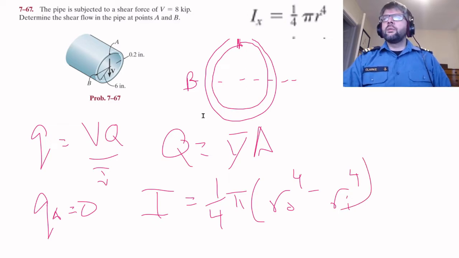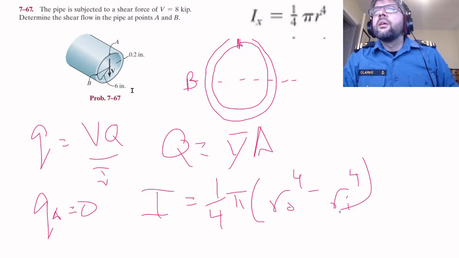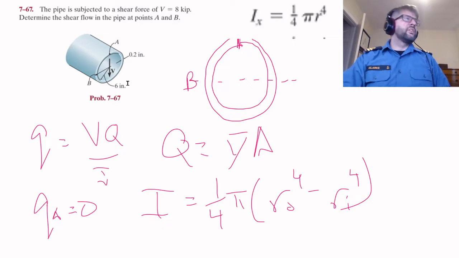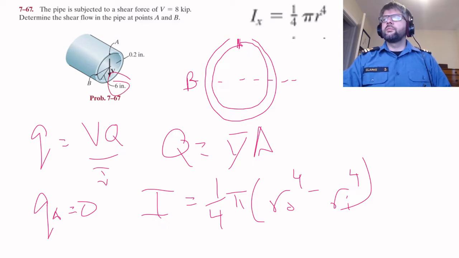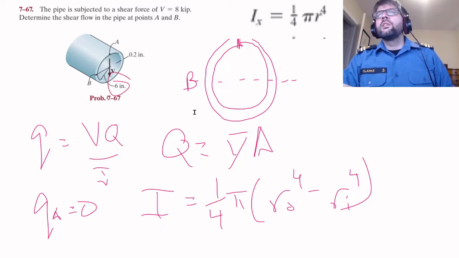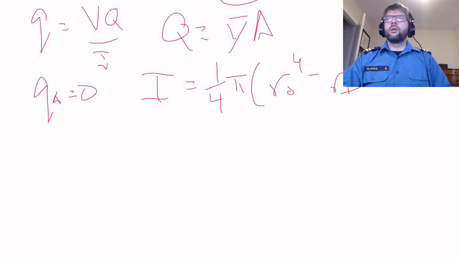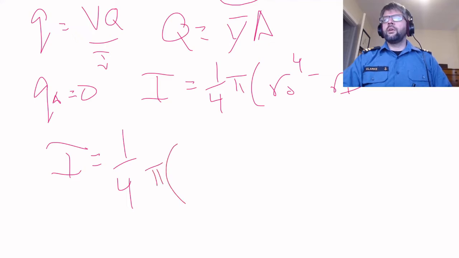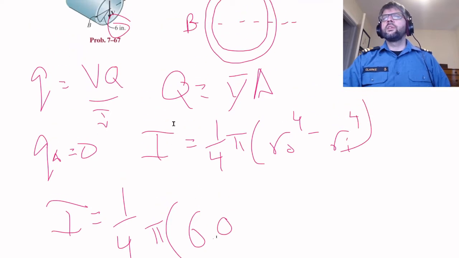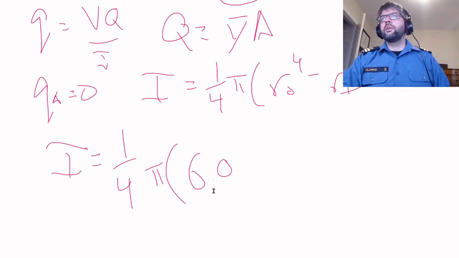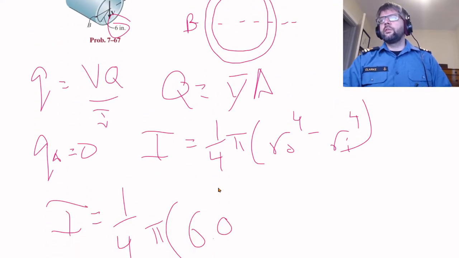So, okay, it looks to me like the 6 inches here is the inside radius, not inside diameter. So I is going to be equal to 1 over 4 pi times 6.02 inches to the 4th minus 6 inches to the 4th.